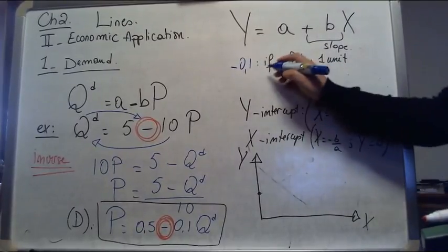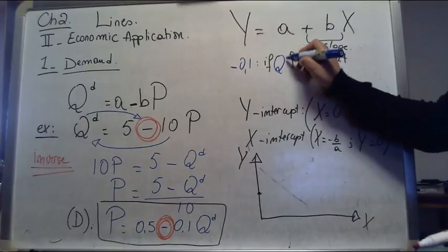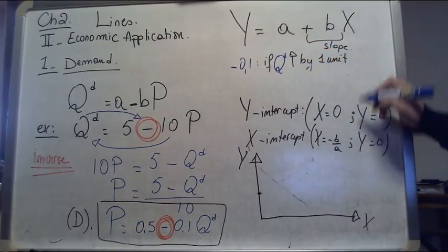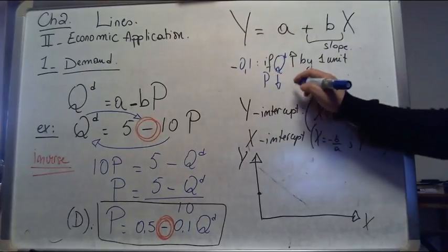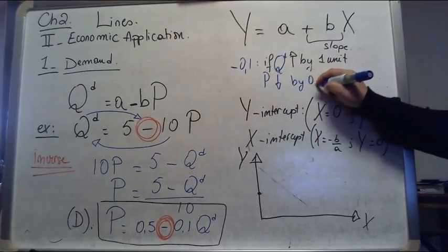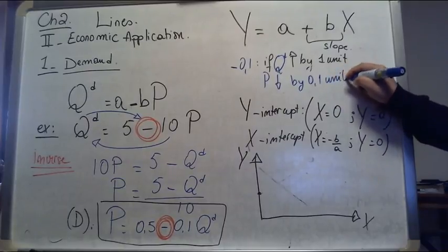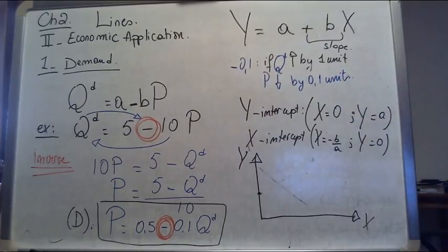It means if QD increases by 1 unit, P decreases, because it's negative, by 0.1 units.